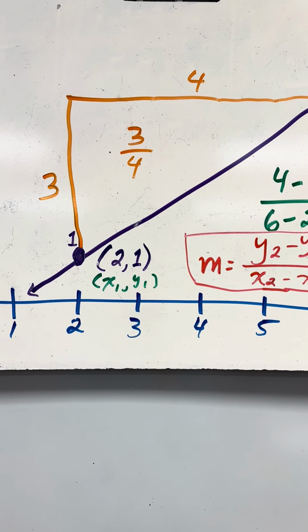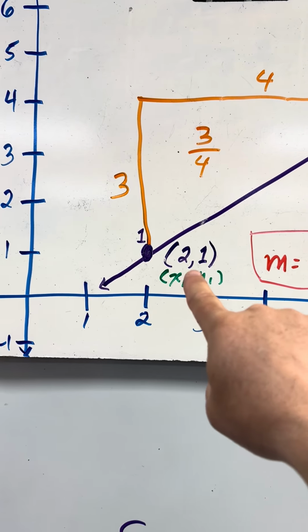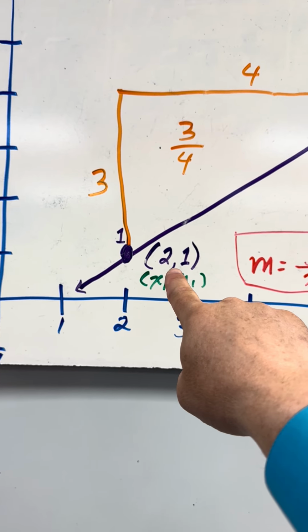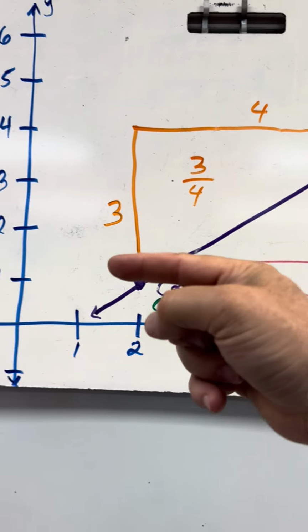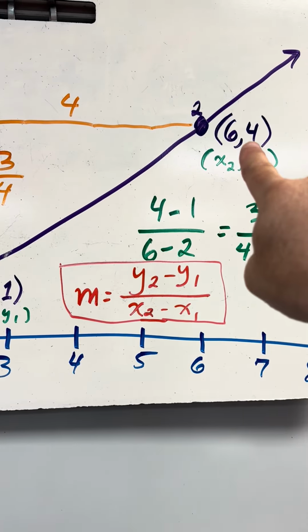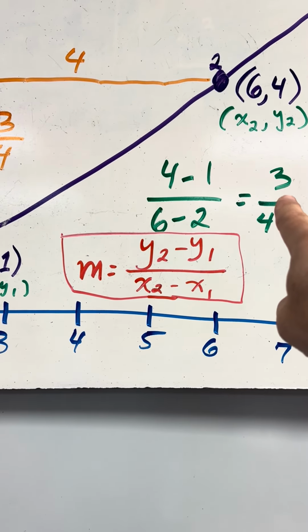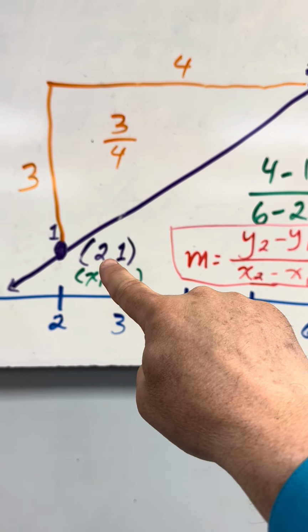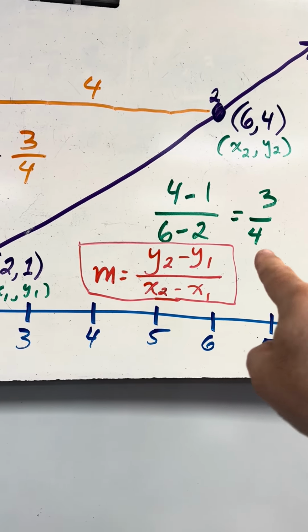Right? So notice here, 1 and 4, here's the point 2, 1, and here's the point 6, 4. The 1 is here, and the 4 is here. What did we do? We did 4 minus 1 to get 3. And here's 2, and here's 6. What did we do? 6 minus 2 to get 4.